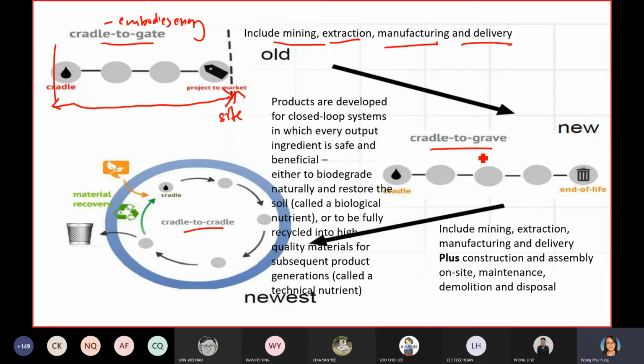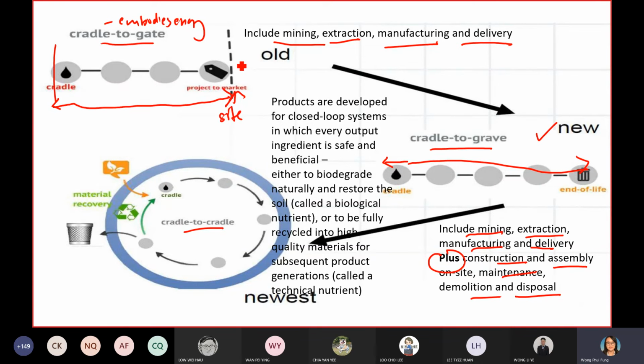Whereby cradle to grave is similar, including mining, extraction, manufacture, and delivery, plus construction, assembly on site, maintenance, demolition, and disposal. So until the end of the material life, that is cradle to grave, to consider the energy released from cradle until the material cannot be used anymore, disposed of and sent to landfill.